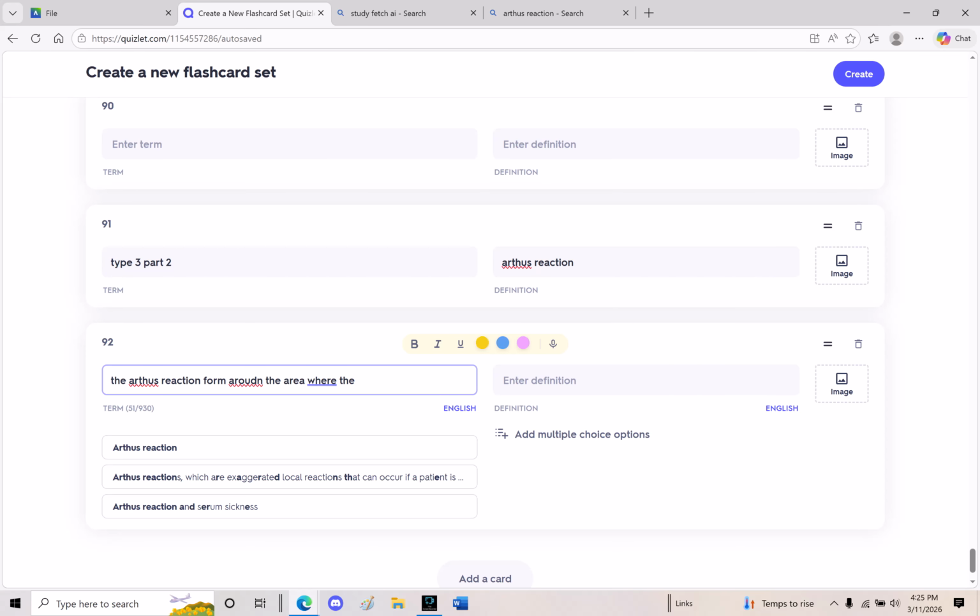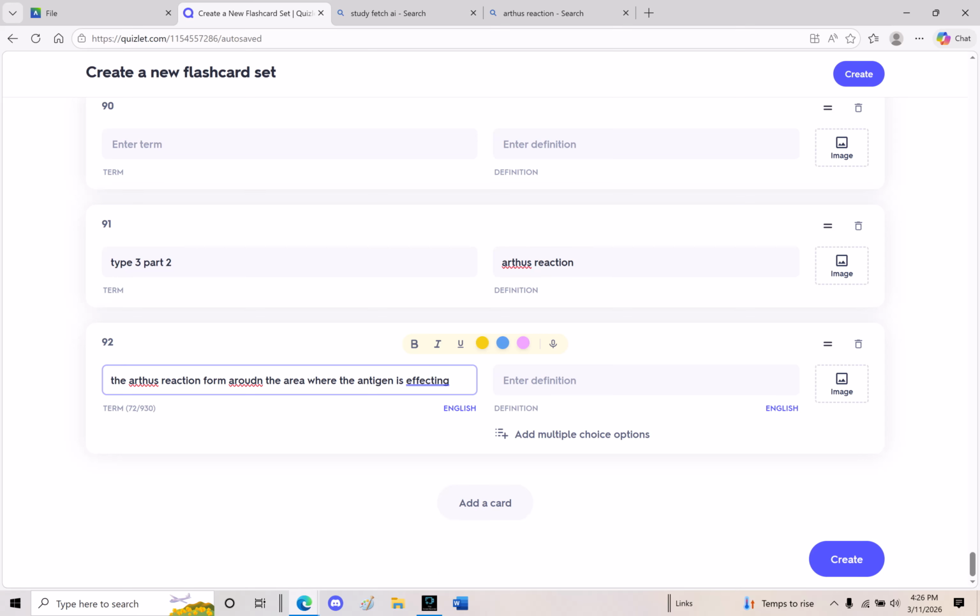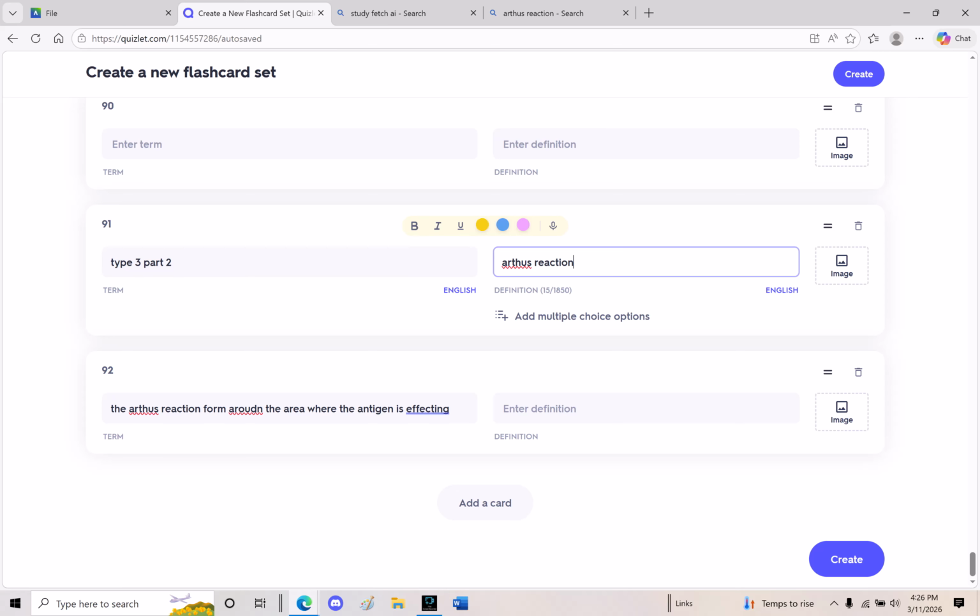Usually it peaks 4 to 10 hours after your injection, and it is specific to the injection site. Whereas on the last one, it entered the blood and was anywhere in the blood at any given time, this one is specific to wherever I injected my antigen, is where I'm having an allergic reaction.